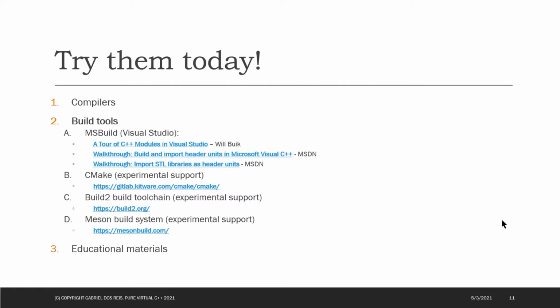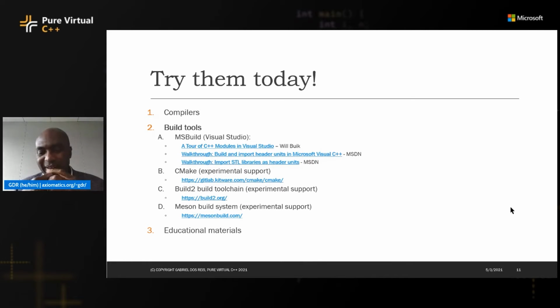On the Microsoft documentation page, you have a walkthrough of how to build and use header units in MSVC, and also how you can import standard library headers in your code. So header units are some amalgamation of named modules, real modules, and header files.